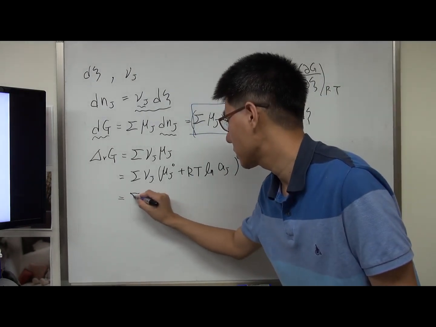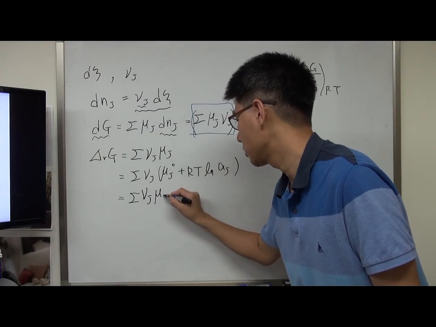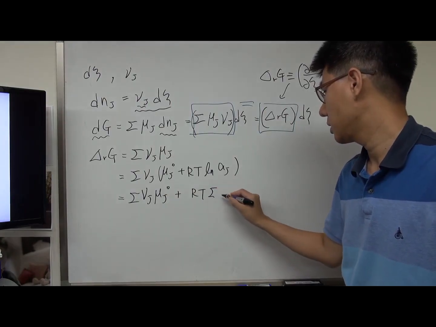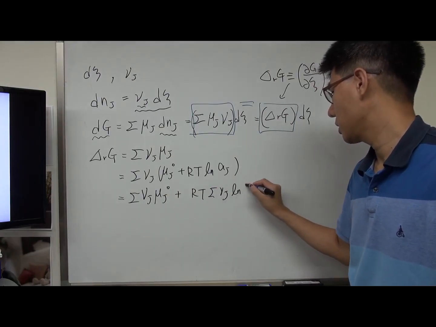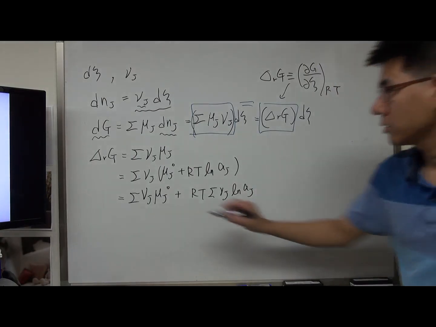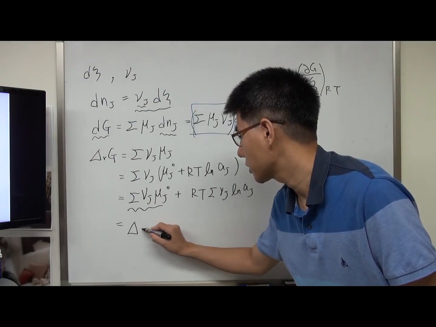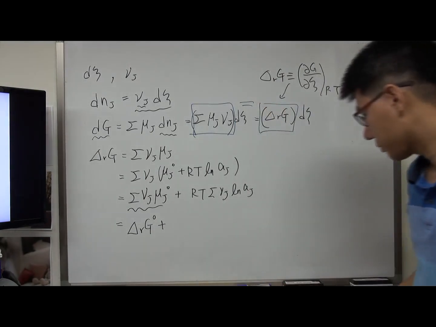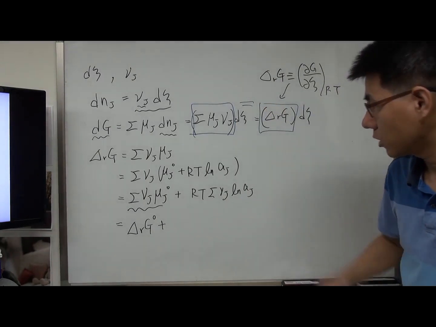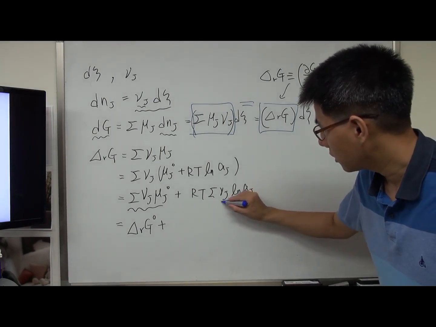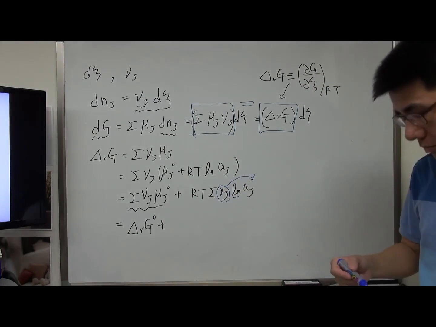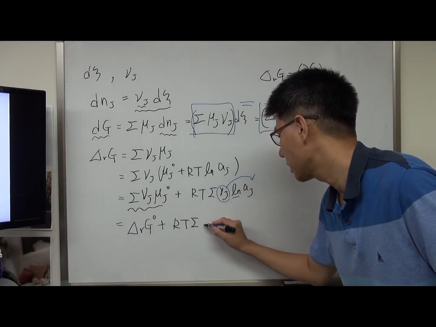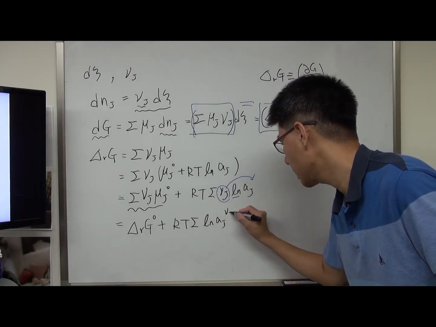If you rearrange this, you get sigma nu j mu j naught plus RT sigma nu j ln a_j. This first part corresponds to the reaction Gibbs energy at the standard state, basically the standard reaction Gibbs energy, plus, since we have a log here, this constant can be moved, so RT sigma ln a_j to the power nu j.